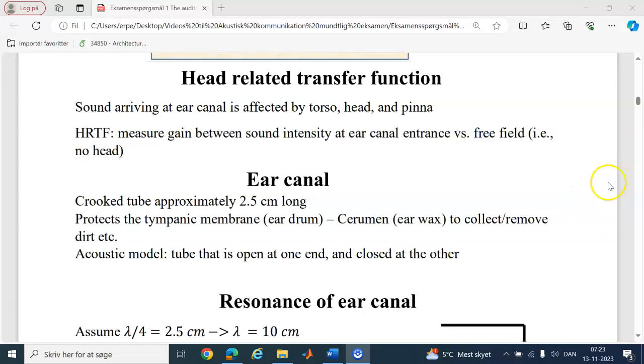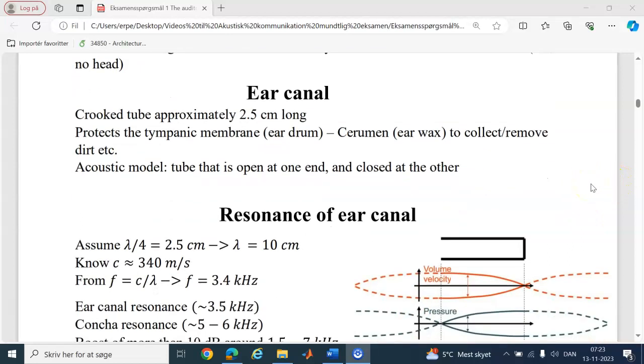We have the ear canal, about 2.5 centimeters long and crooked, and it protects the tympanic membrane, the eardrum, with earwax to collect or remove dirt. The ear canal is a tube that is open at one end and closed at the other.